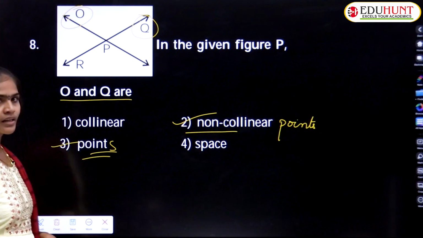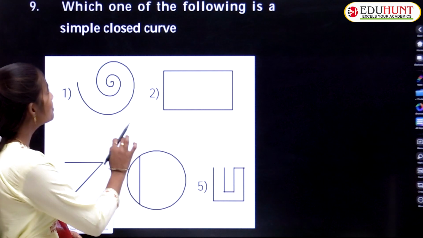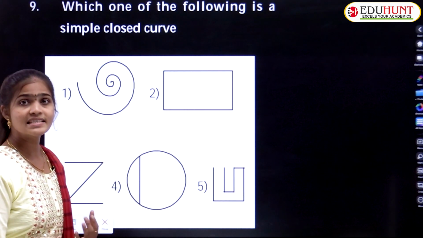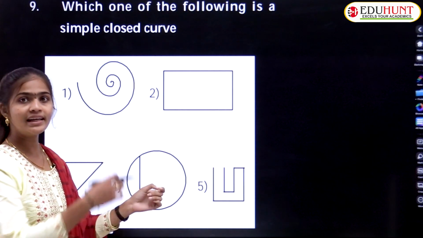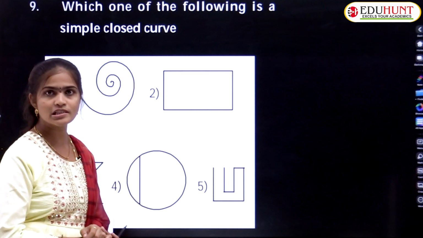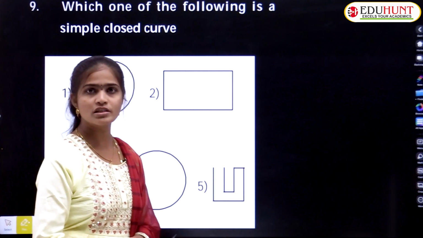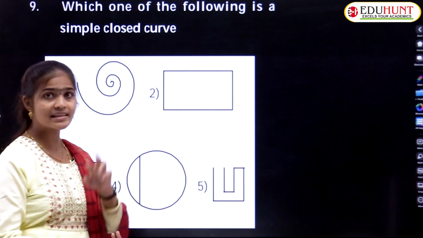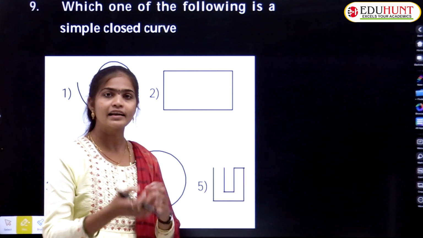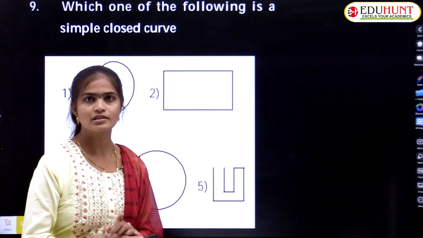Is it clear? Next, which one of the following is a simple closed curve? Okay, simple closed curve means the starting point and ending point of a figure are both the same, right? Then only we can say that the given figures are simple closed figures. Already we discussed that: simple closed figures and closed figures. There is a difference between those two, right? In closed figures, we have some other two points also there.